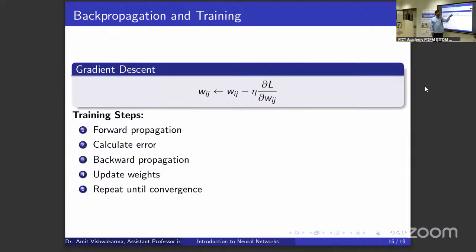Then only will the new W show a very negligible change from the old W. So when this particular value is close to 0, my weights will not update significantly. So that is the sequence.